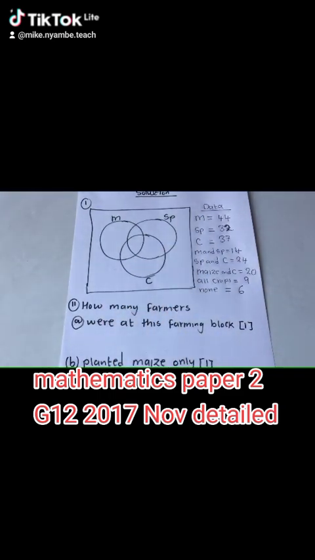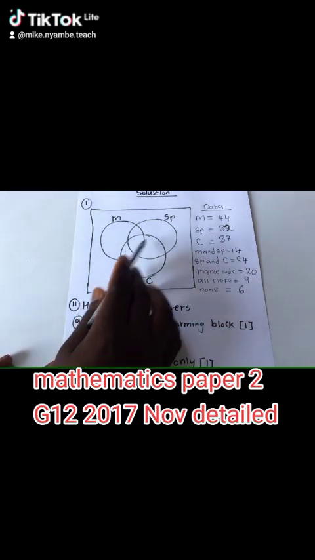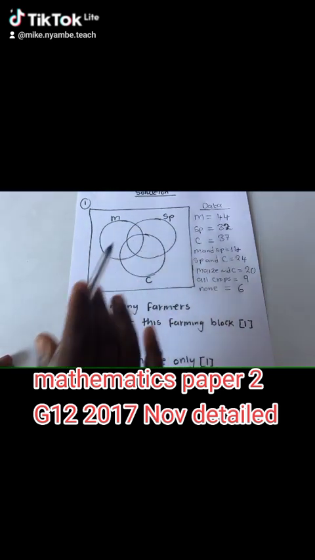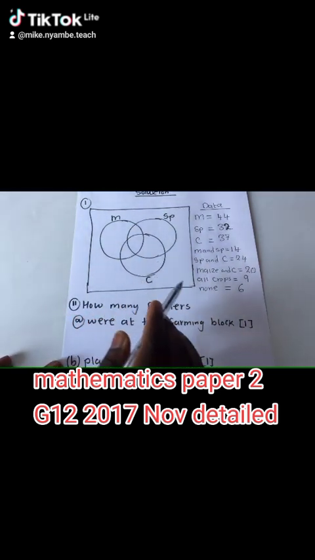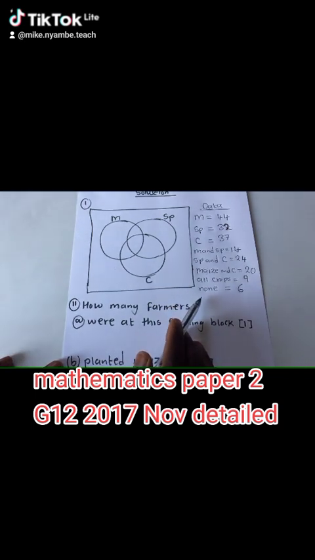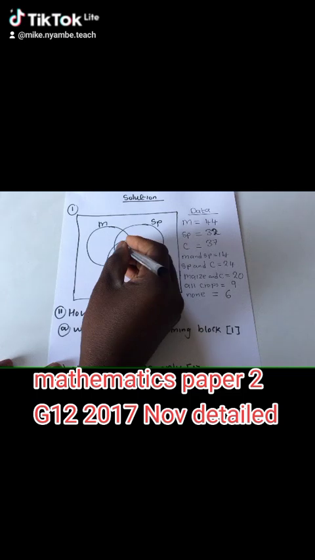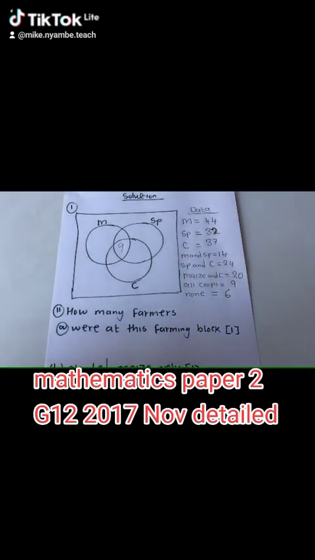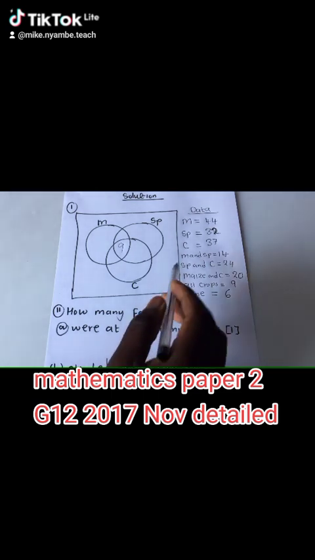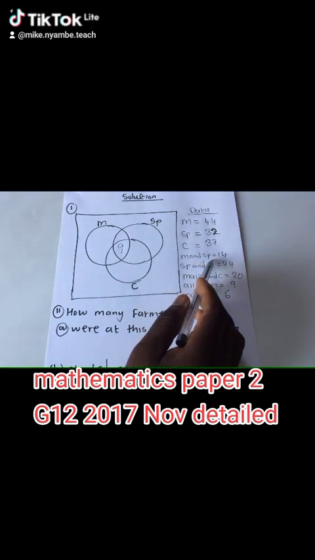So the first thing you write in this set is the people who planted all the 3 crops. Which number is that? It's 9. You write 9 there, just like this. The next step, the people who planted two crops. What do I mean by 2 crops? I mean like maize and sweet potatoes.